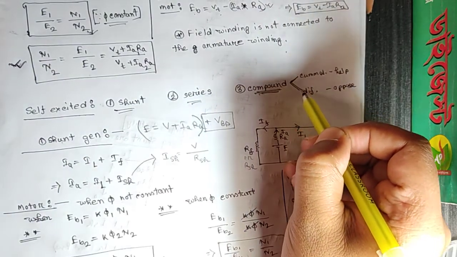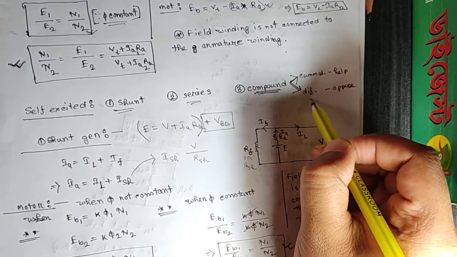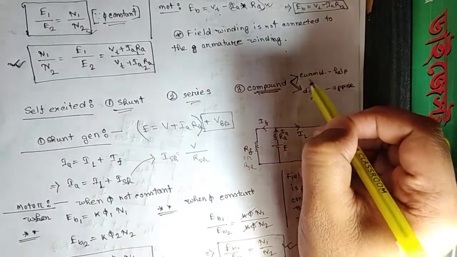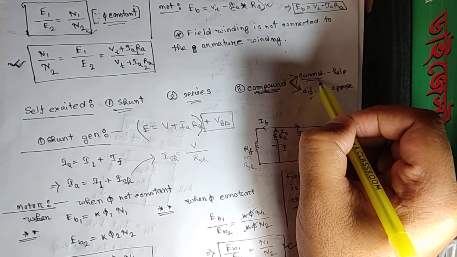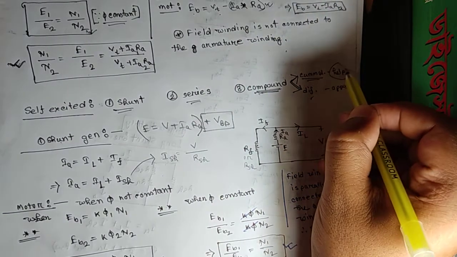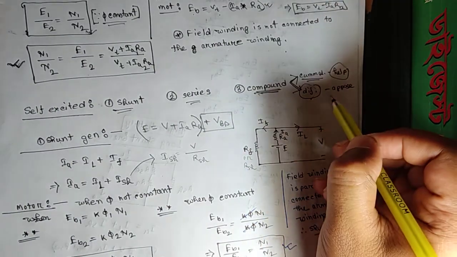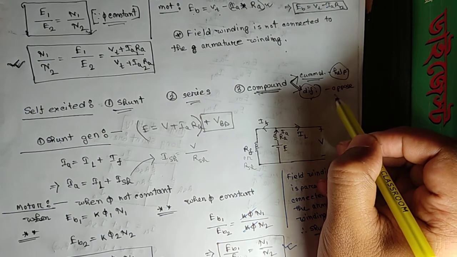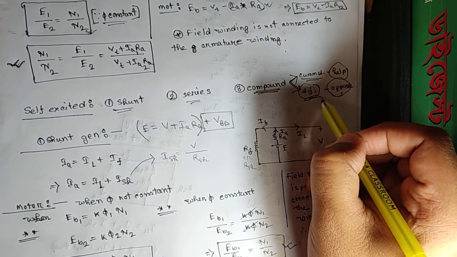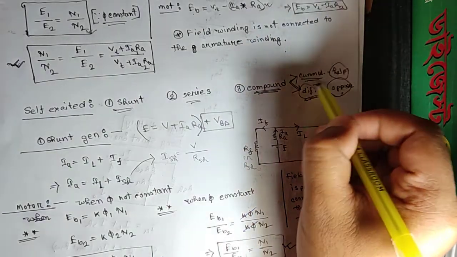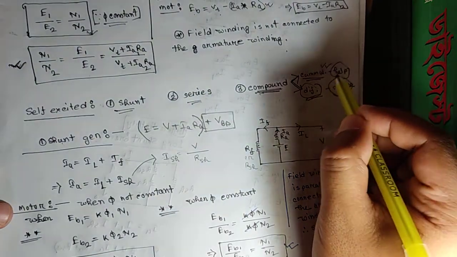This compound generator can be divided into two: cumulatively or differentially. In a cumulatively compound DC generator, the two field windings help each other. In a differentially compound DC generator, the two field windings oppose each other. Cumulatively means it is added up, that's why the two windings help each other.